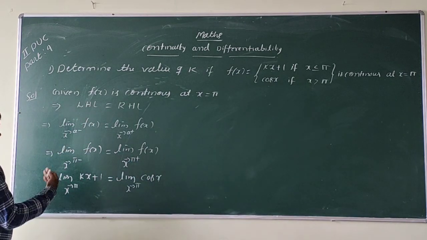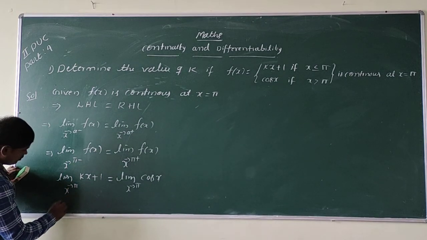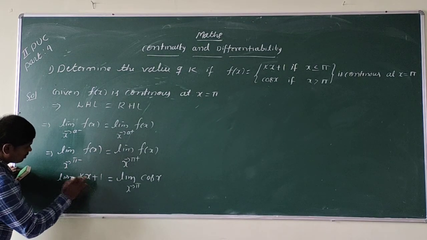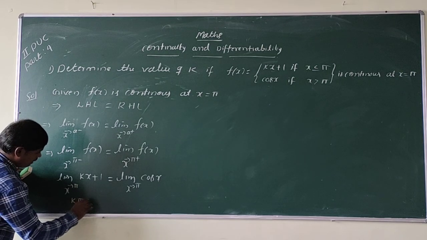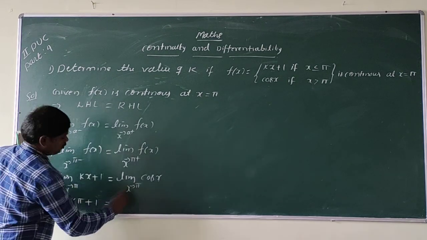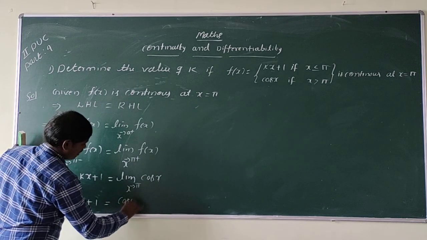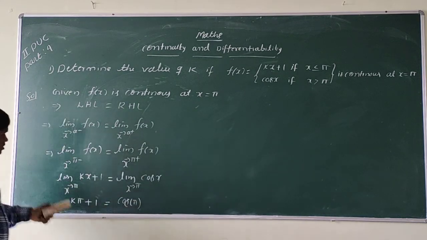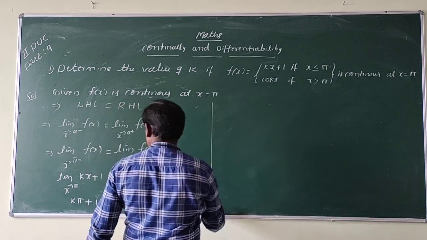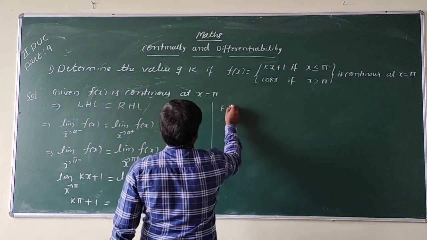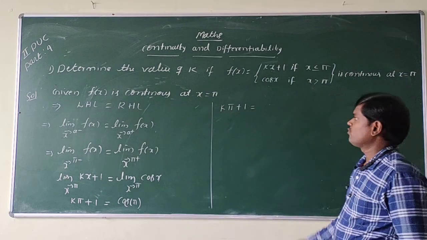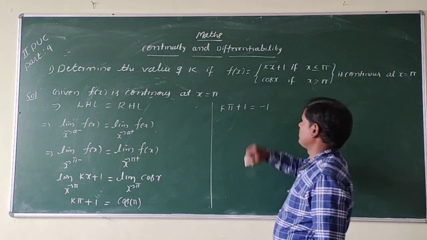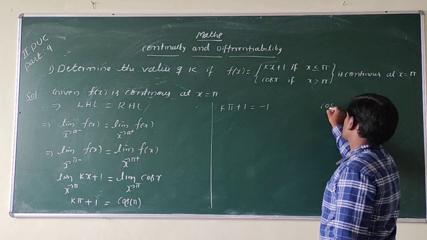Applying the limit, in place of x we write pi: k into pi plus 1 is equal to cos pi. The value of cos pi is minus 1, since cos pi is equal to minus 1.